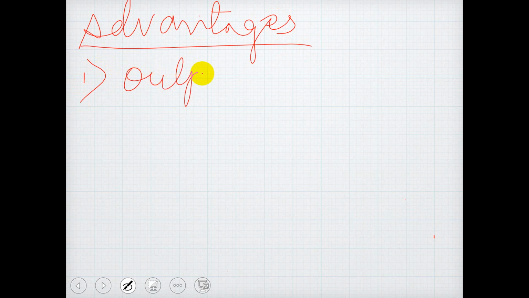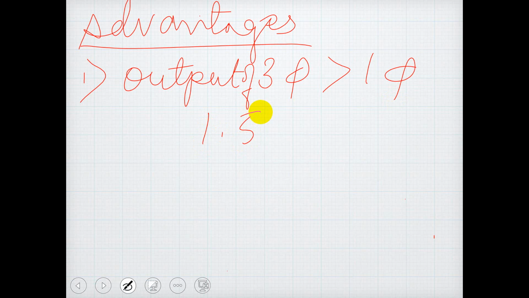How much greater? The output is 1.5 times greater than single phase for the same rating of the machine, the same size or same rating.